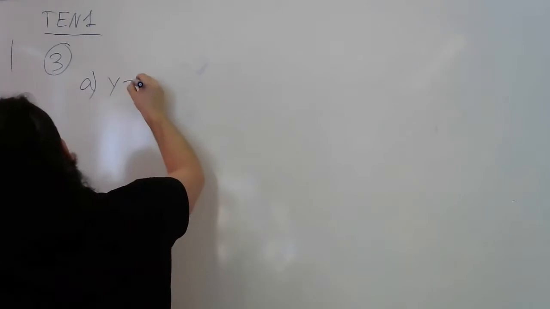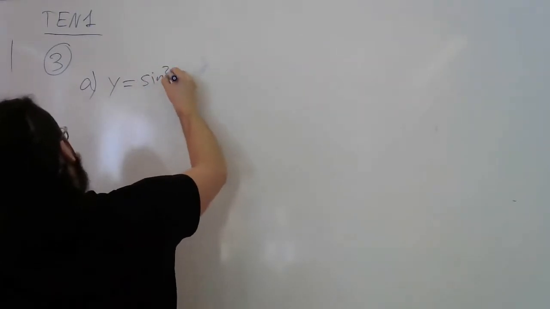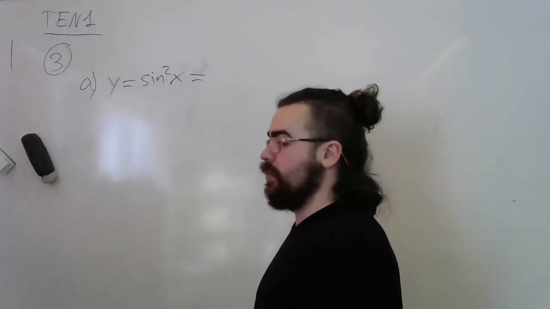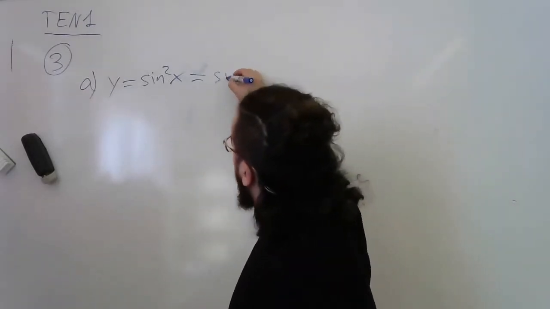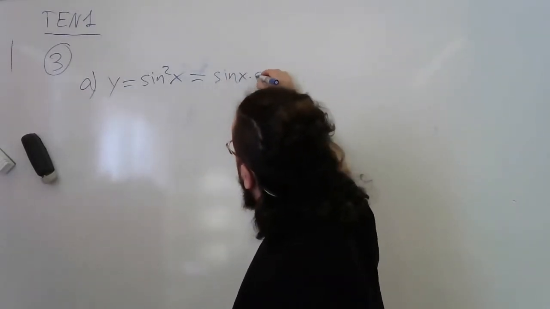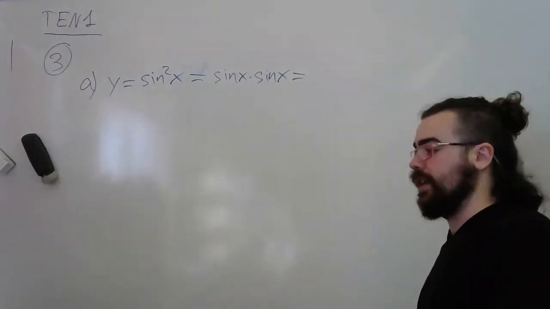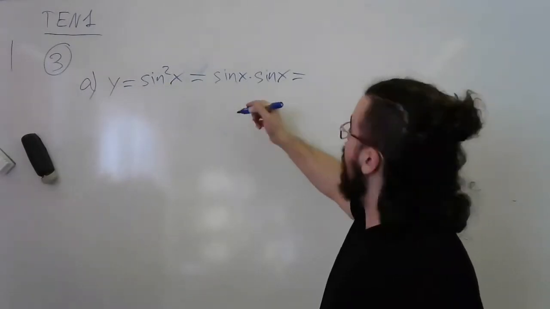Now, going on. We have y equal sine square of x. For those of you who may be having issues with this notation, this is sine x times sine x. So it's a product of two functions. What's the derivative?